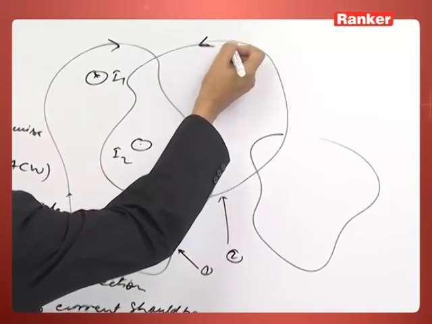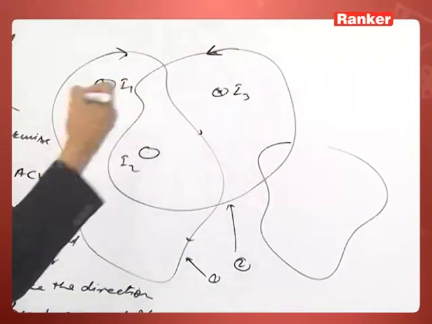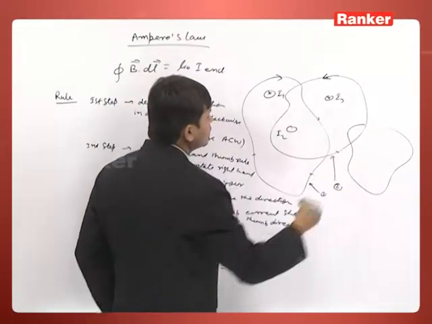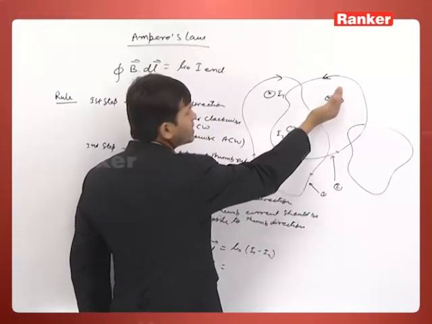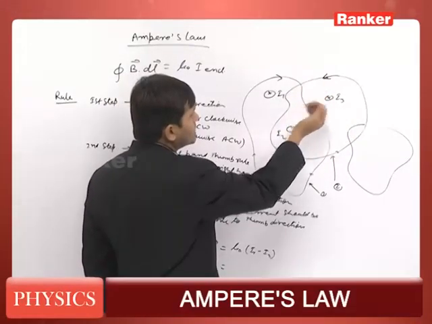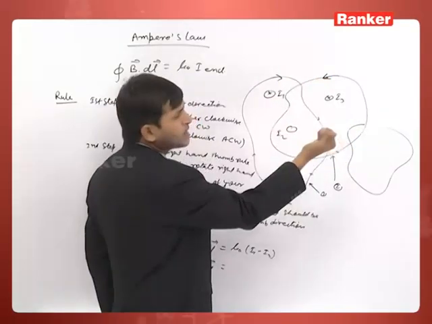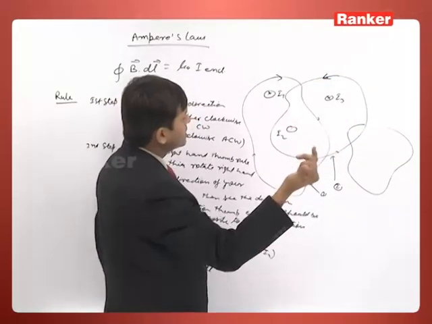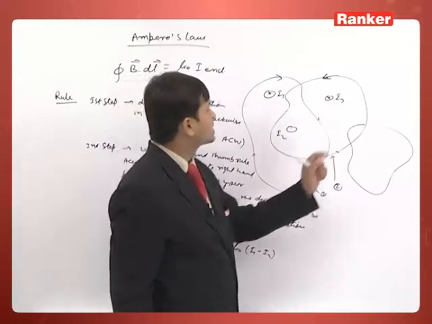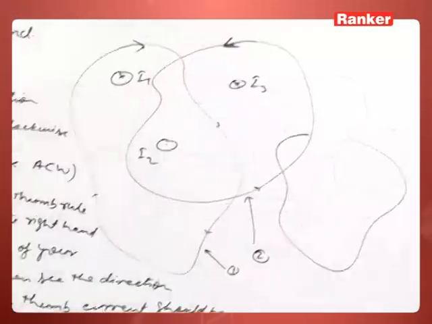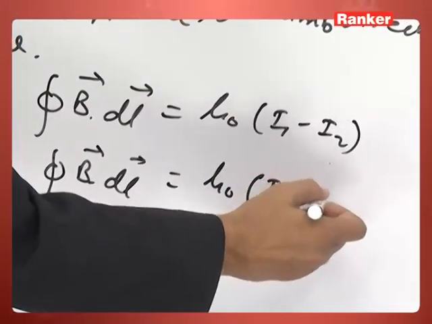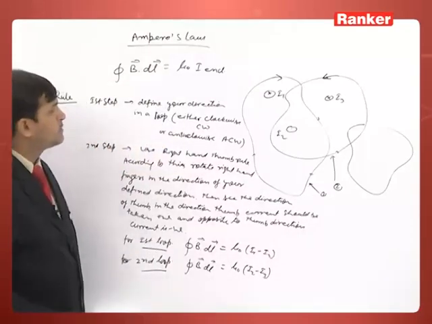So if I am moving anti-clockwise in the second loop, just apply the right hand thumb rule. Fingers in the direction of your motion, anti-clockwise, then see the thumb. The thumb points outward. Outward current in the loop is your I2, inward current is your I3. So I2 is taken as positive and I3 is negative. So for the second loop, we write mu naught (I2 minus I3). This is the meaning of that.